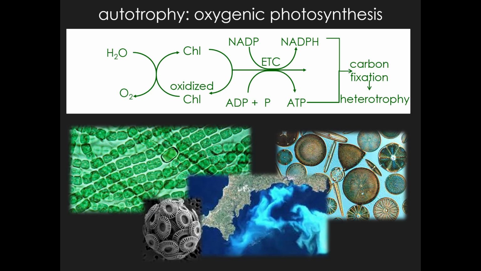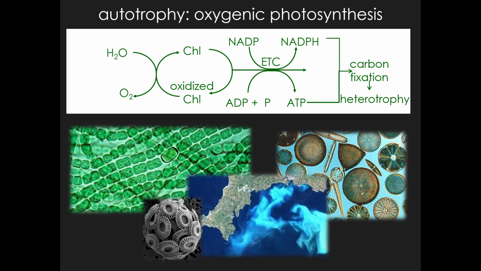The photosynthesis that you talk about in general biology, we talked about at the very beginning of the last lecture, is now going to be called oxygenic photosynthesis, and that is because it utilizes water as an electron donor, which is oxidized to oxygen, so it generates oxygen as a byproduct of this metabolic pathway.